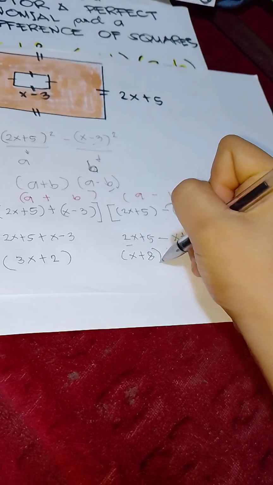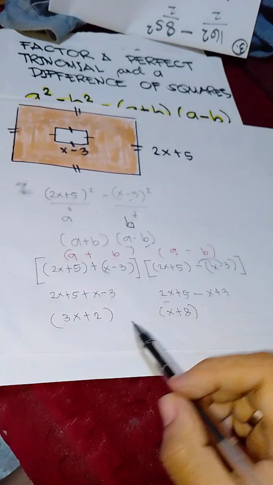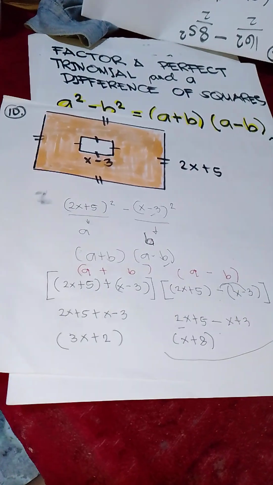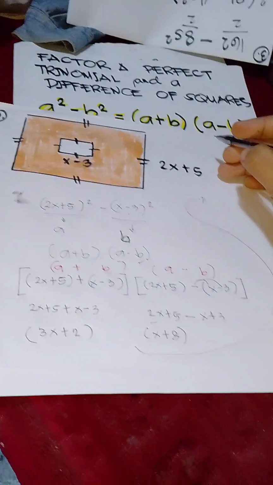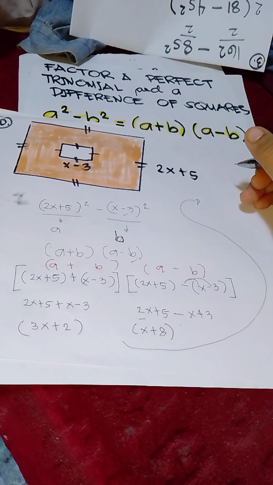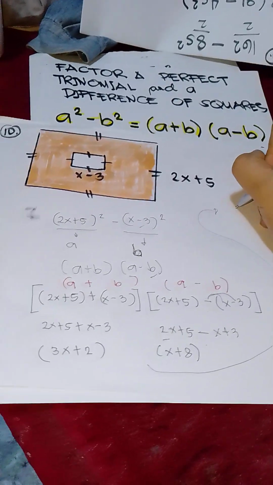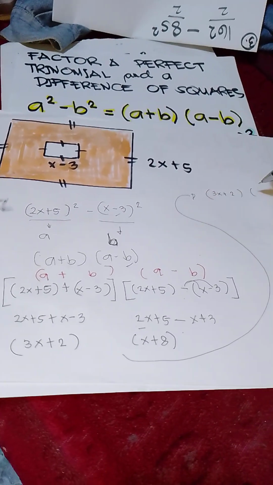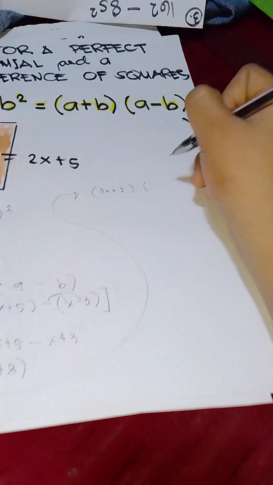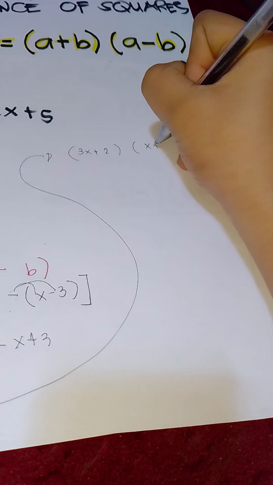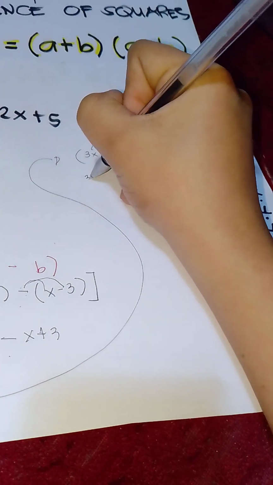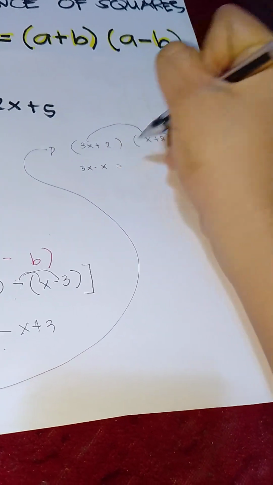Now you have two binomials. You can multiply them using the distributive property or any method you like. So we have 3x plus 2 multiplied by x plus 8. So we have 3x multiplied by x. The result is 3x squared.